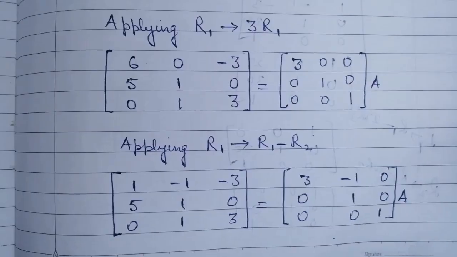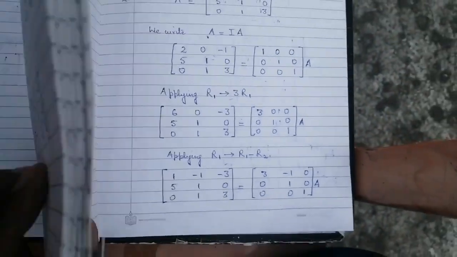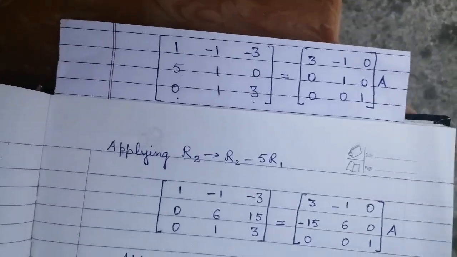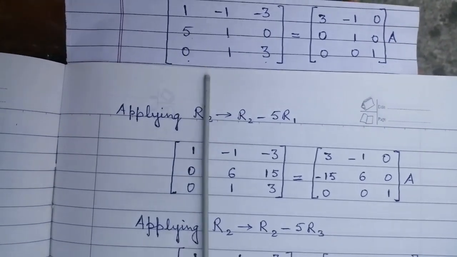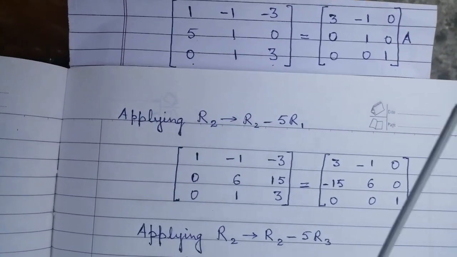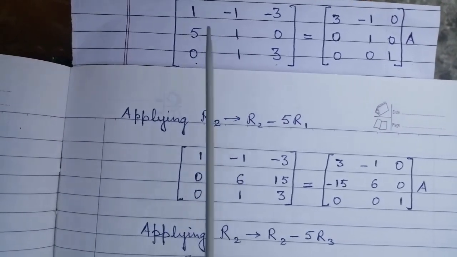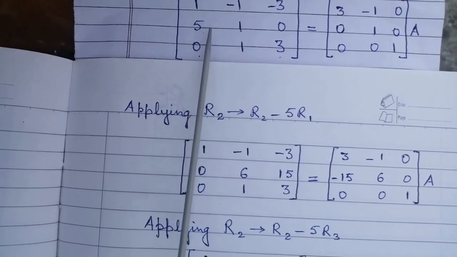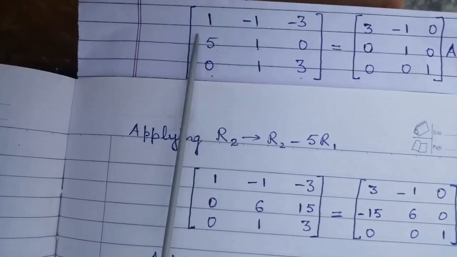So we are getting these matrices, right? Now we were having this matrix, right? I have to make this element 0 now. So how do we get 0? 5 minus 5 will be 0.